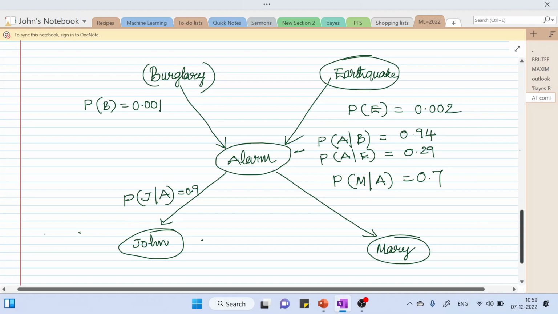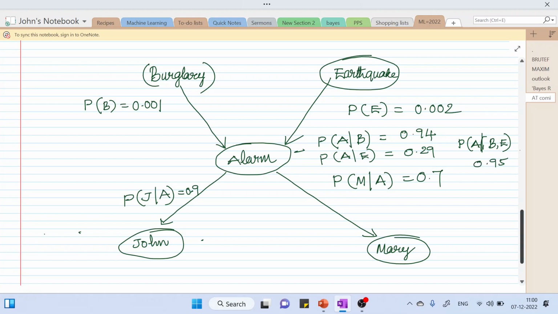and the probability that the alarm rings with both burglary as well as earthquake is 0.95. Sometimes the alarm goes off even if there is no burglary, even if there is no earthquake also. Sometimes it rings on its own, we cannot say.